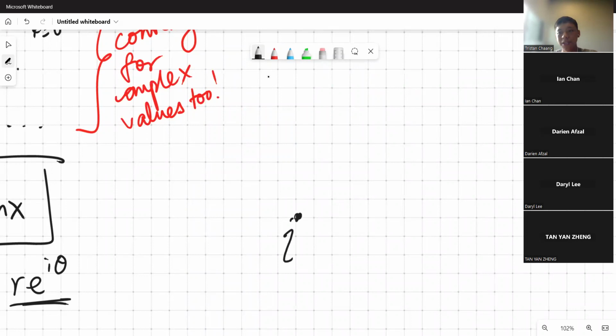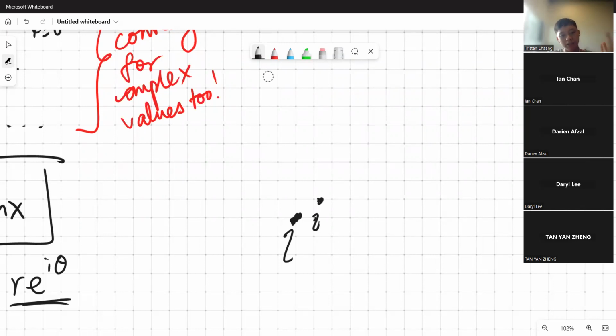Because first of all, what do we mean by i to the i? What do you mean by to the power of i? Like for e to the i, that's fine because we already have a function defined just now. What's e to the x? This literal power series, right?